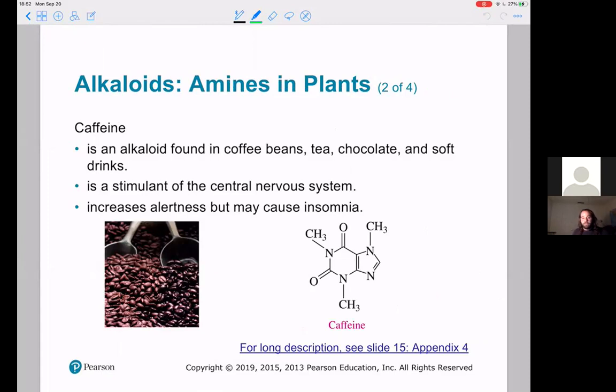We know that these are naturally produced by the coca plant, as well as coffee plants and tea plants. And you can see that caffeine is a heterocyclic amine. It's got a bunch of nitrogens in that compound that are all members of the ring. Of course, this affects our body as a stimulant, can cause alertness, but also the negative effects of a stimulant, so the dry mouth, insomnia, etc. So caffeine is another alkaloid.